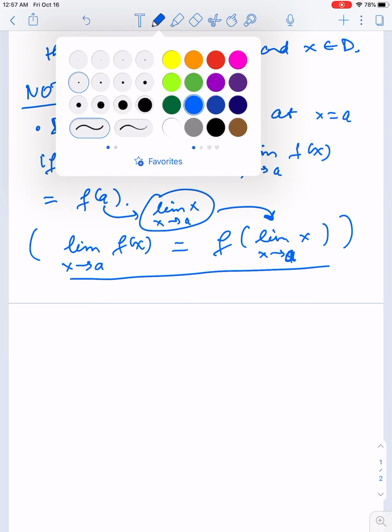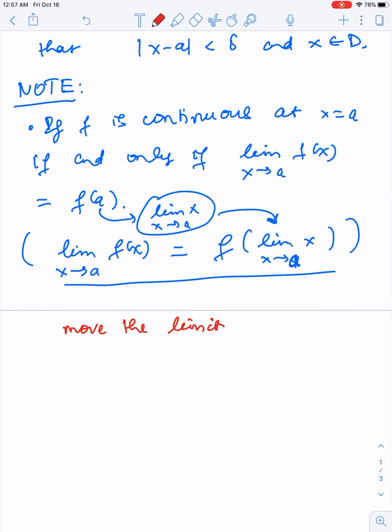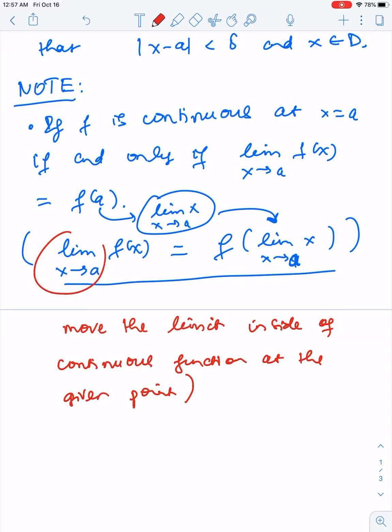What this means is we can move the limit into the inside of a continuous function at the given point. So the limit outside, you can move it in.